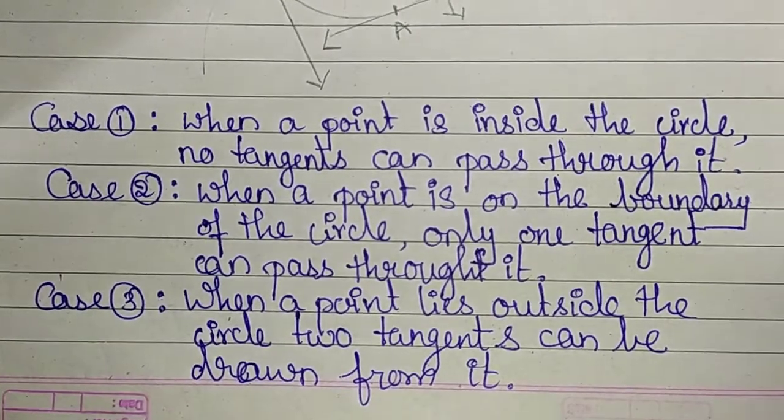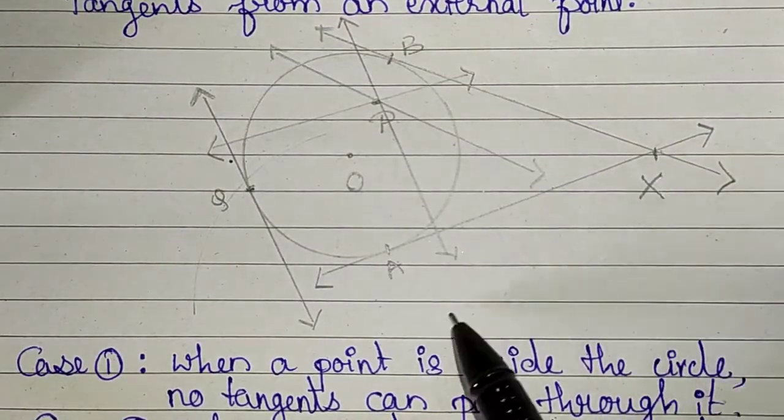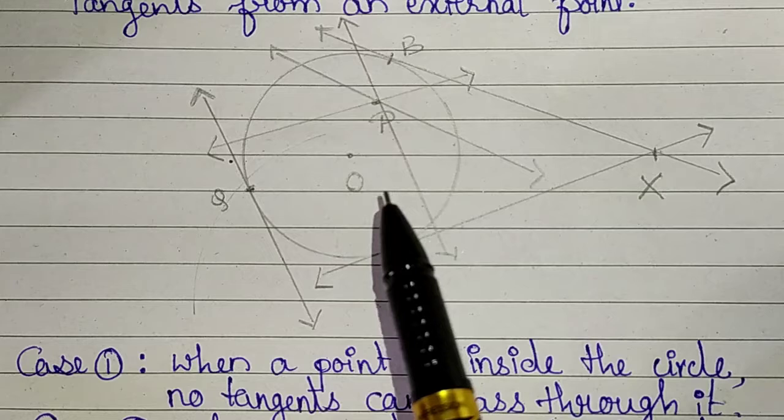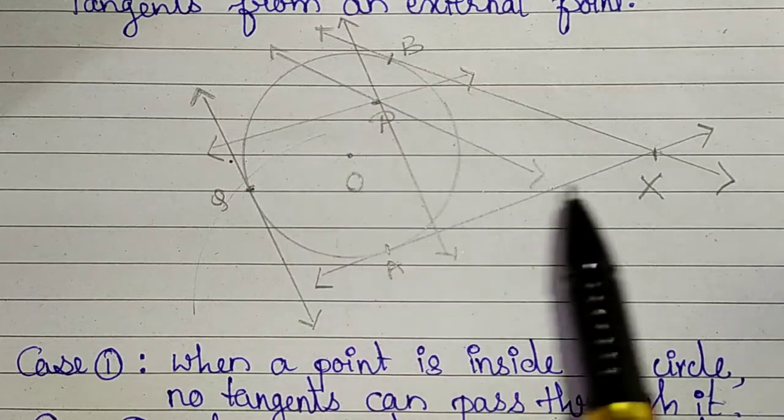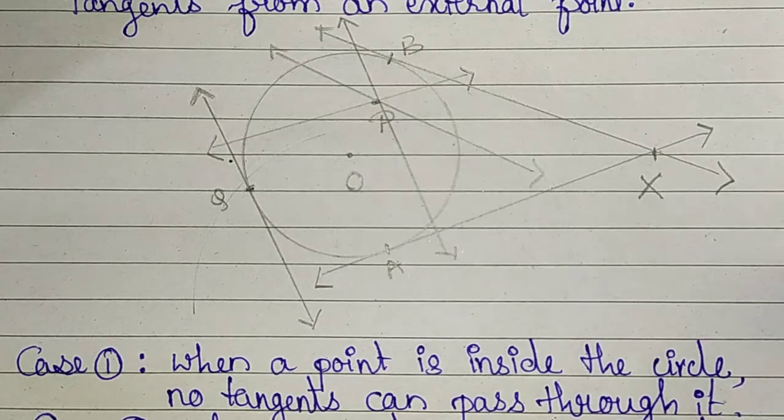So these two tangents, XA and XB in our figure. XA and XB are the two tangents to a circle with center O drawn from an external point X. Now there is a theorem regarding these kinds of tangents which we will be proving in the next section.